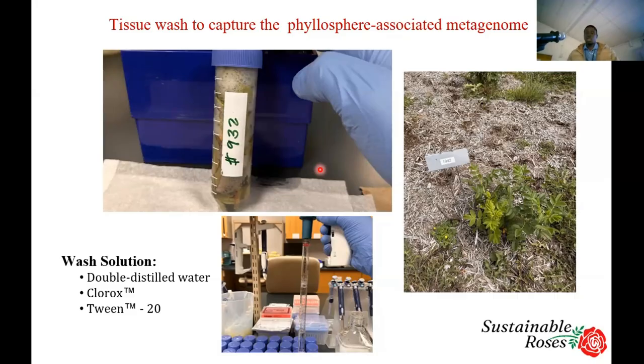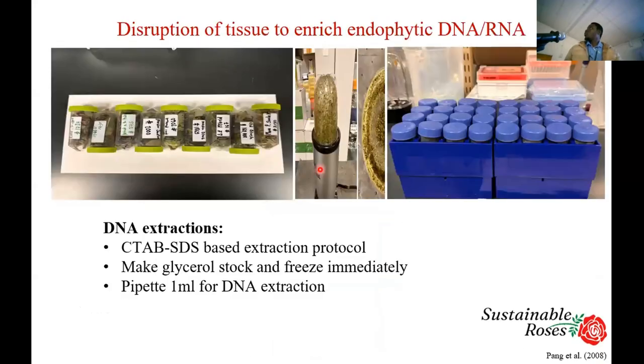For the endophytic DNA and RNAs that are enriched in the tissue, in order to capture this, we do what is called the disruption of the tissue. With this, we blend the leaves with the small branches that were collected from the field in order to break the tissue, and then add glycerol to the samples and store them for possible DNA extraction.